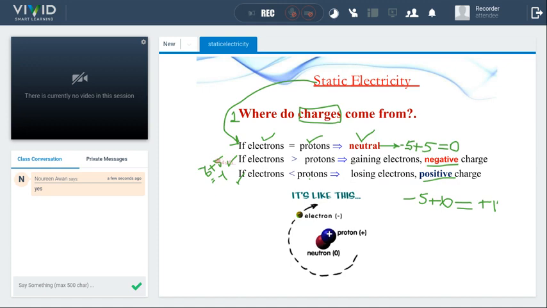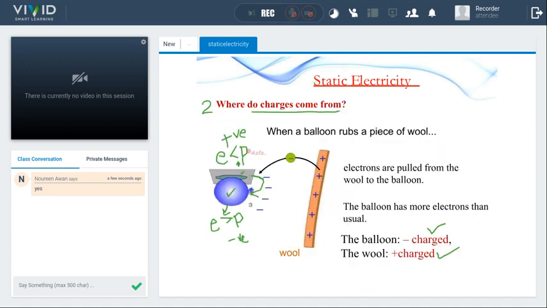You can see over here in example 2 I have discussed where the charges come from, and why we take charges into account, because they are coming from something. When a balloon is rubbed with a piece of wool, the wool gets a positive charge because the electrons from the wool come to the balloon.